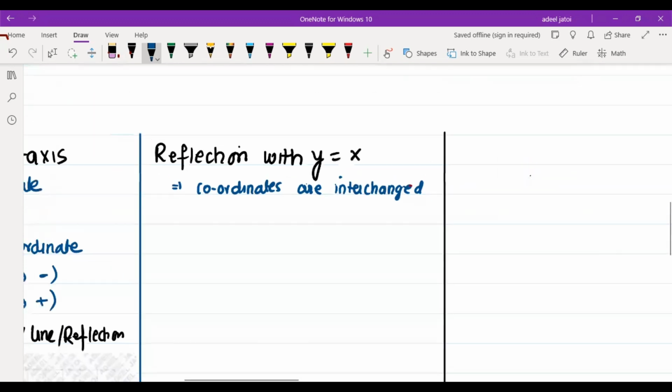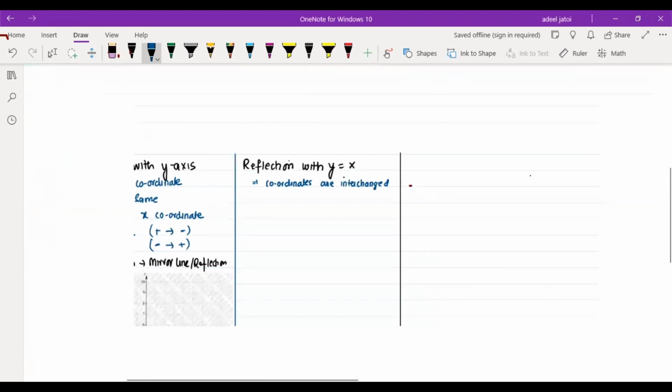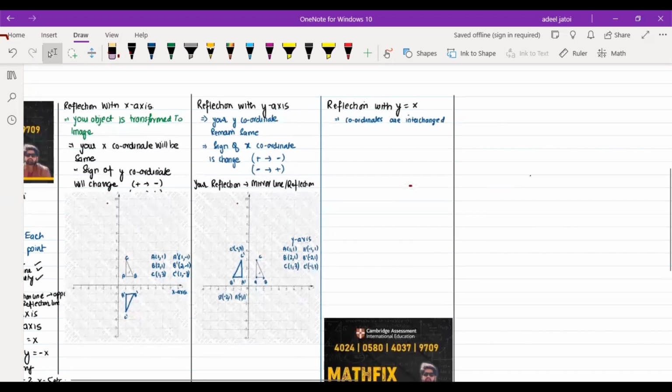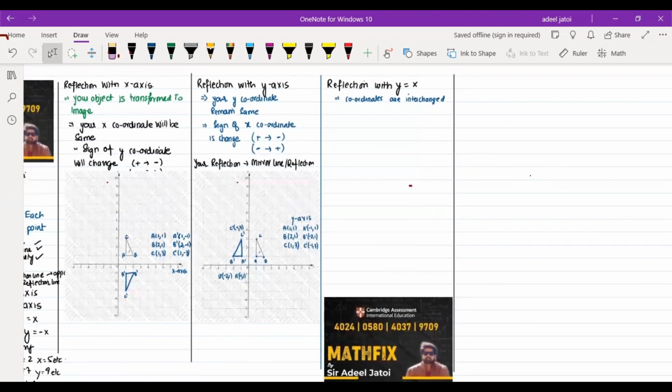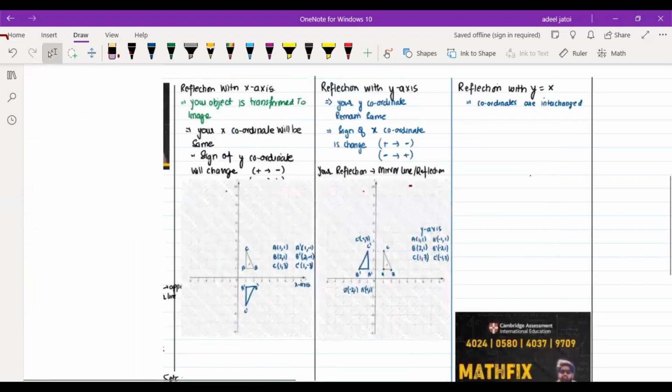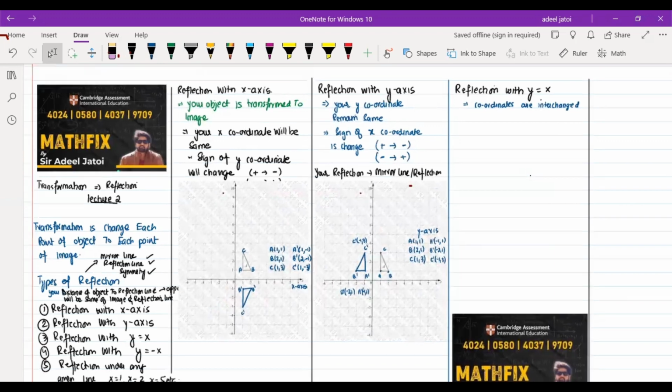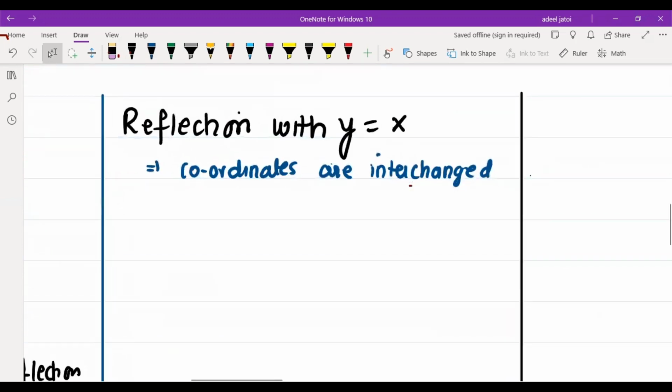Now, when we say coordinates are interchanged, what does that mean? That particularly means that any particular x will become your y and your y will become x. So that clearly means that if we have 2, 3, that will become 3 and 2. So coordinates are interchanged.